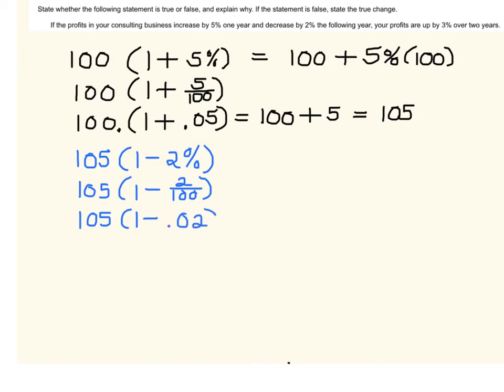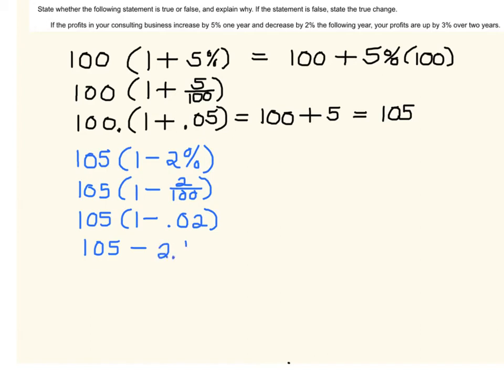That's 2%. So if we multiply 105 times 1, we get 105 back, minus, now we multiply 105 times 0.02, and that gives us 2.1.